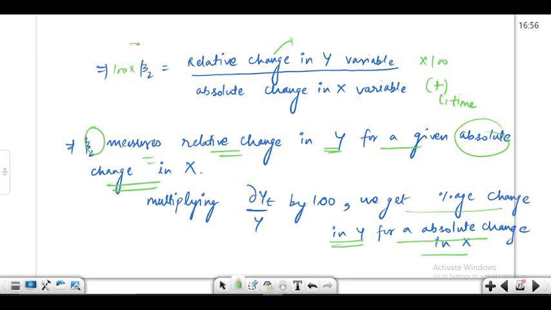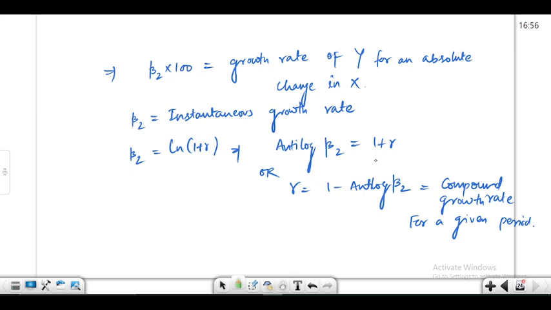So if I have an equation where beta 2 is given, and I multiply that value by 100, I'm basically getting the relative rate of change of the y variable with respect to my absolute change in x variable. So in a way, it is basically talking about the rate of growth of y variable.